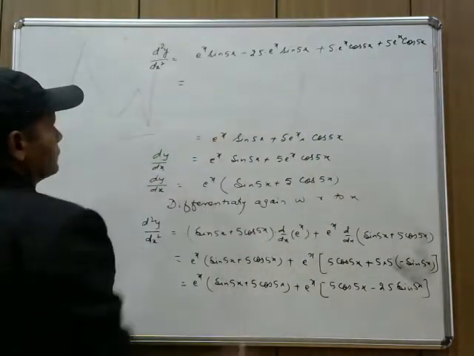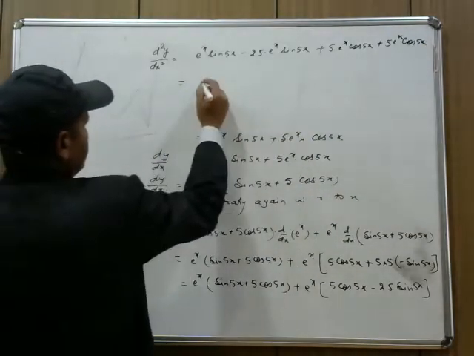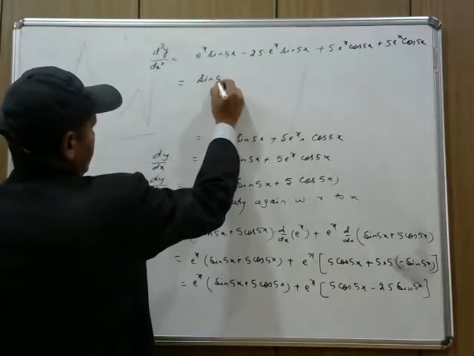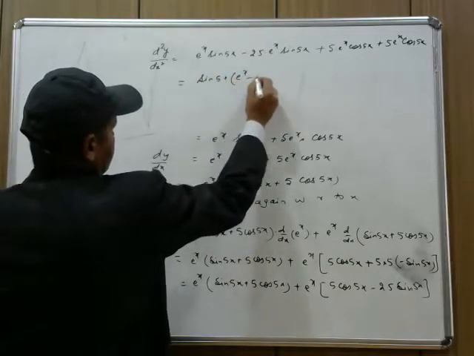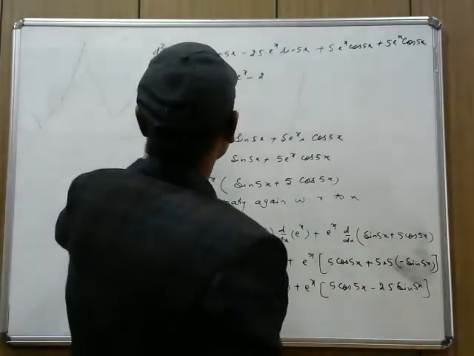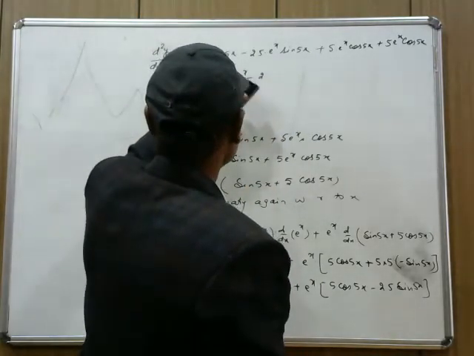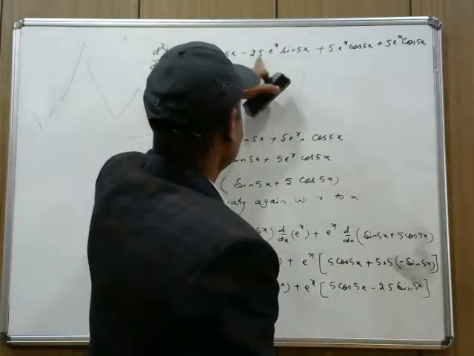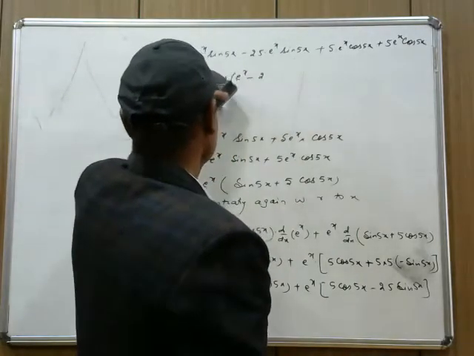The terms involving sin 5x go together: e to the power x sin 5x and minus 25 e to the power x sin 5x.